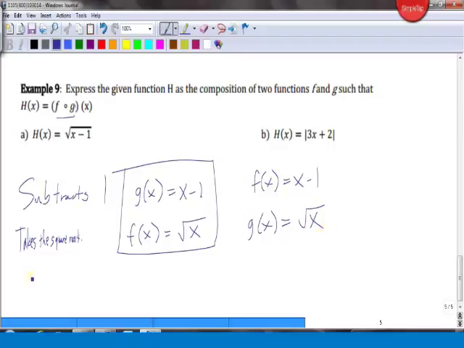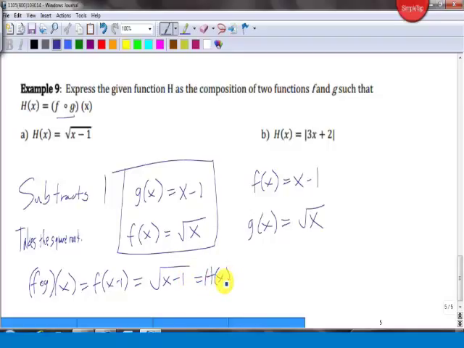we'll just do the composition. If we want to compose f with g, we would get f of x minus 1, which is the square root of x minus 1. And that's h of x.